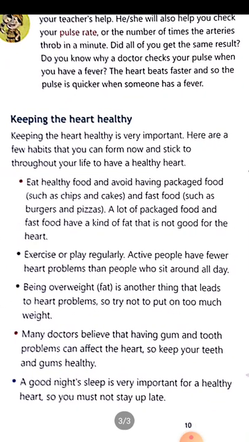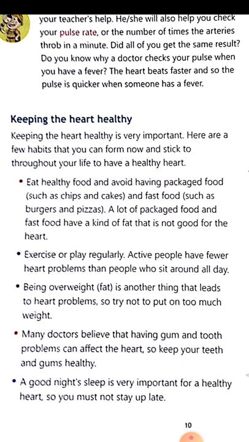First, eat healthy foods and avoid packaged food like chips and cakes, and don't take fast food like burgers and pizza. A lot of packaged foods and fast foods are not good for the heart, and are harmful to the heart.